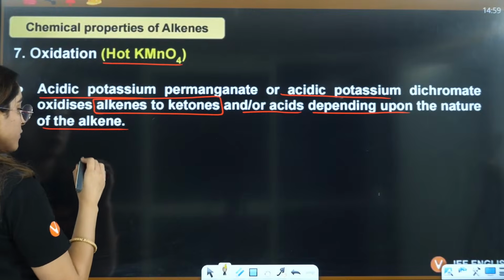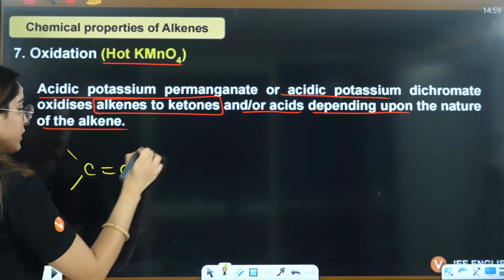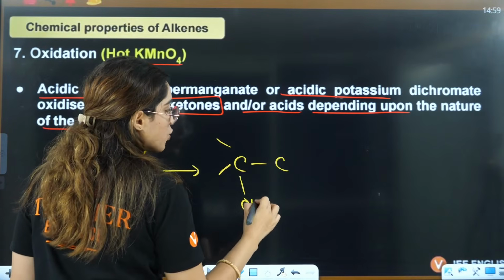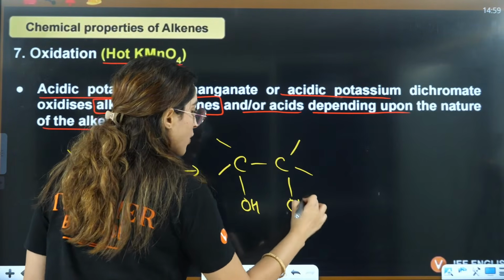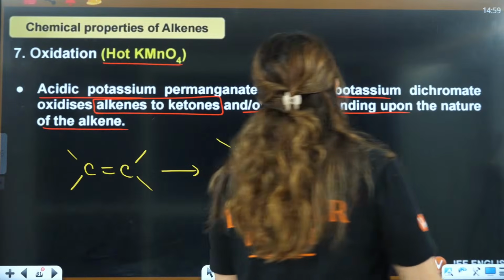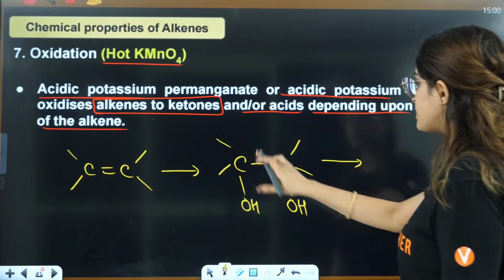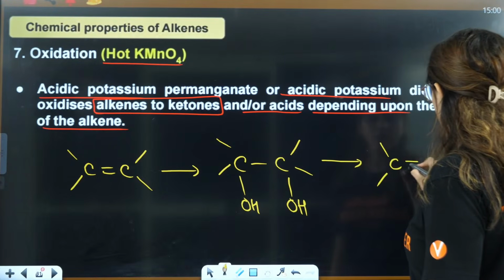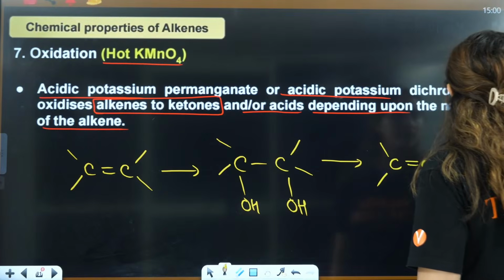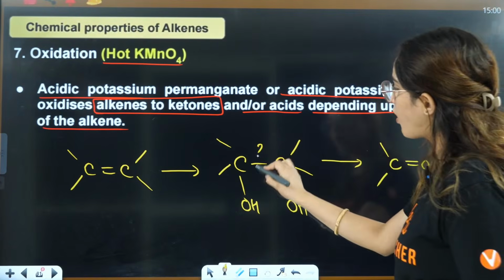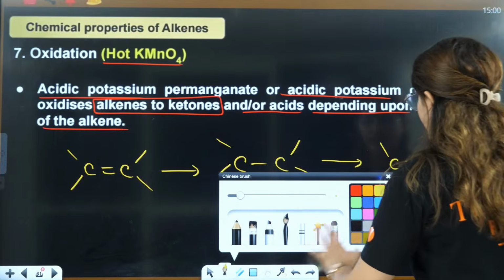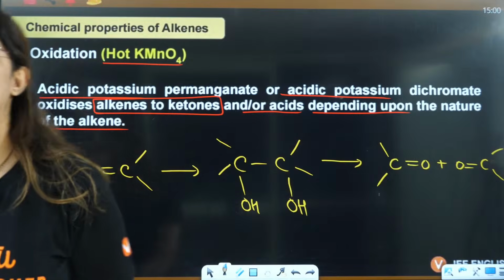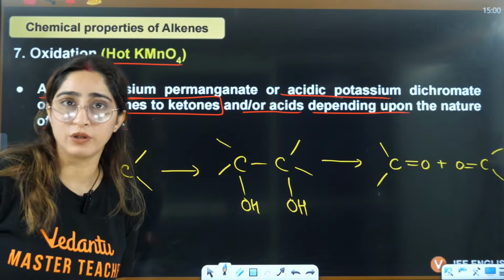This is the double bond, which will be converted to two OH groups. Then because it is acidic, this particular bond will break and you will have the formation of a ketone.